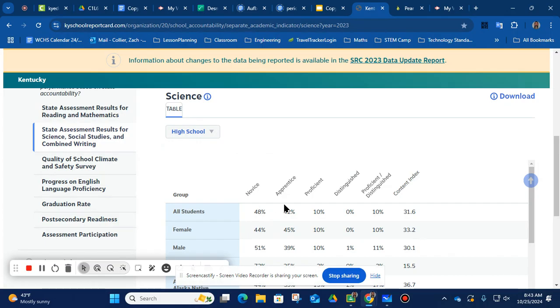Now I realize as an educator that there's something wrong with the test. The people apparently making these decisions in Frankfort aren't willing to admit that yet, or they're dragging their feet on this. They're trying to say it's the instructional methods, and there have been hundreds of millions of dollars invested in this science test so far.